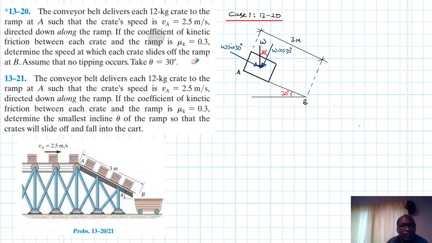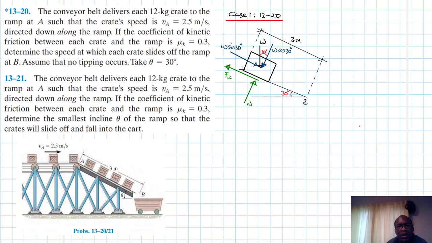All right. So what components do we have here? The crate is moving in this direction, so we'll have some kinetic friction in this direction, and then we'll have some normal force there like that. So this is our N, this one is our FK.